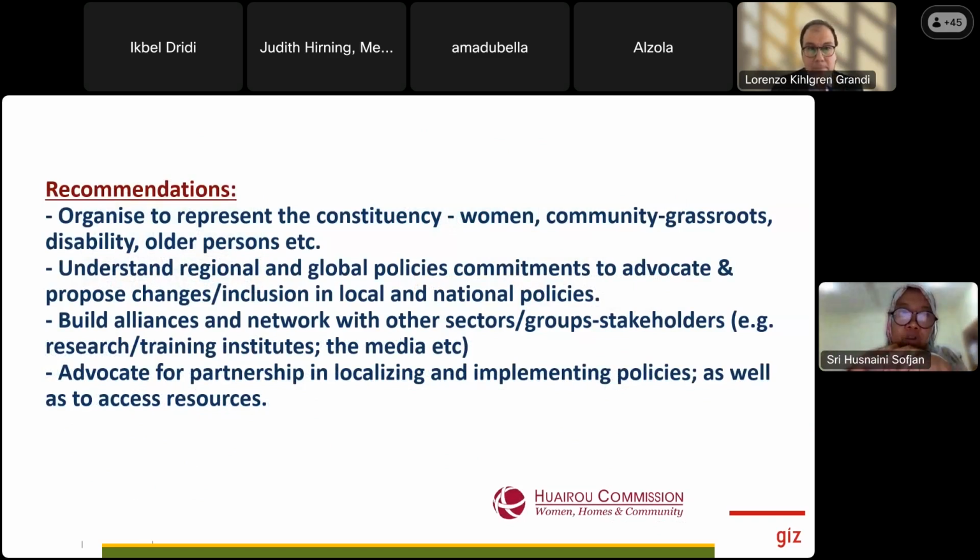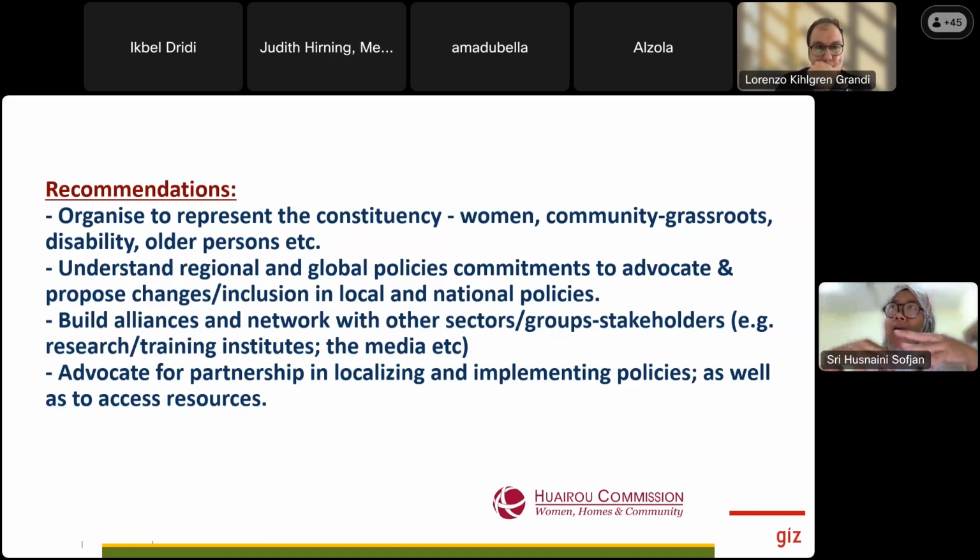So our recommendation is to organize and to represent the constituency, women, grassroots, and understand regional and global policy. So, continuously building their knowledge of global and regional policies, and also getting them to understand budgetary processes, national development policy and processes, and encouraging them to build alliances and networking.